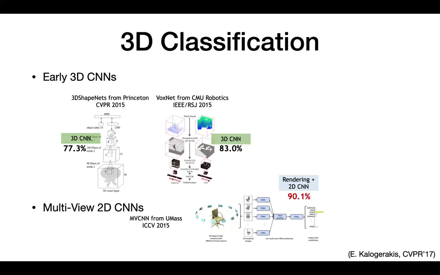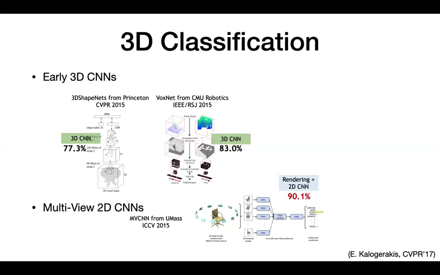And in 2017, actually even earlier, in 2015, we had the first 3D CNNs to do classification. These are two examples, this one from Princeton, and this one from Carnegie Mellon University. And they got results for classification of 3D shapes of around 80% accuracy.